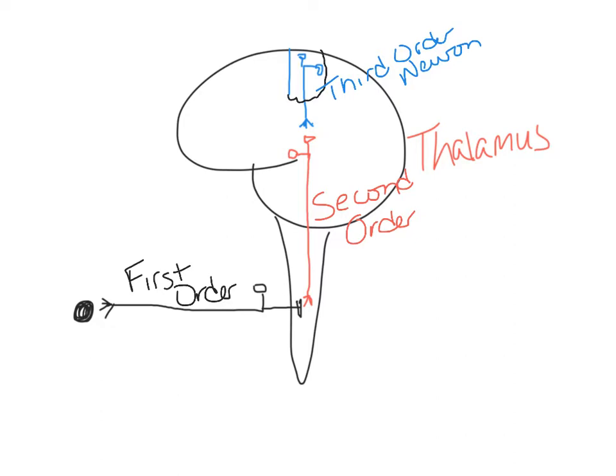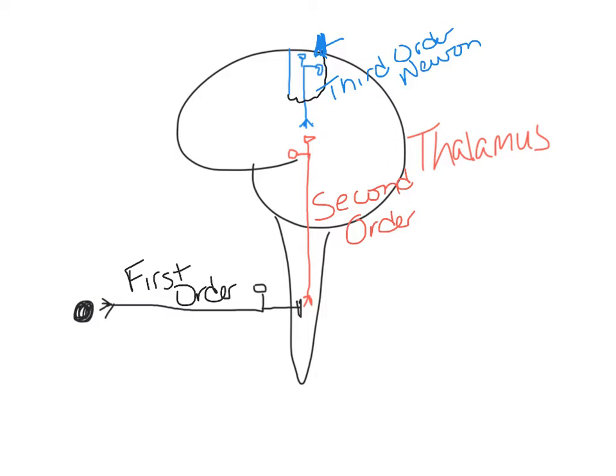In this case, where we have the first order, second order, third order, and we're ending right there at that primary somatosensory cortex, we say that is the somatic sensory pathway. Somatic, and we talked about that the other day, somatic is bringing up all sorts of information from your general senses, right? Your general senses. So that's the somatic sensory pathway.